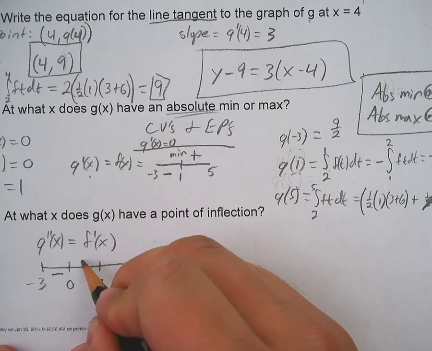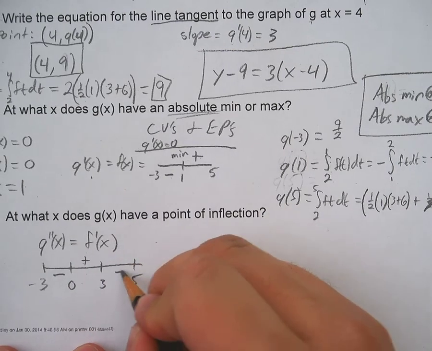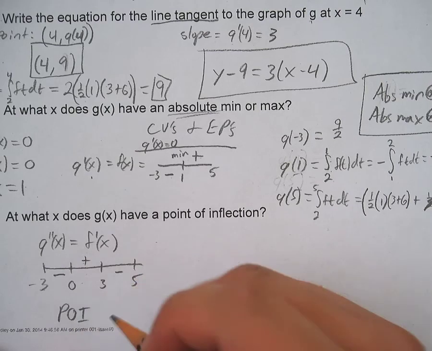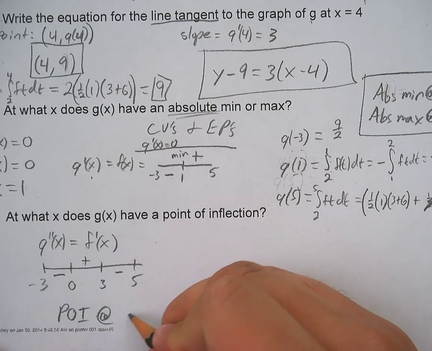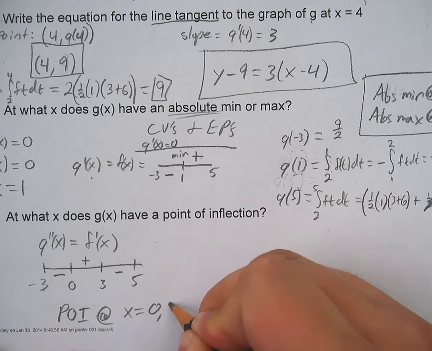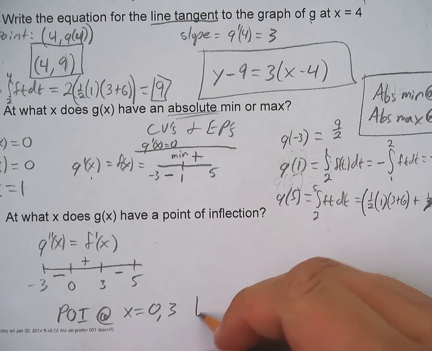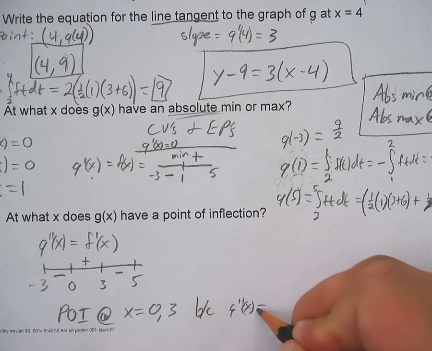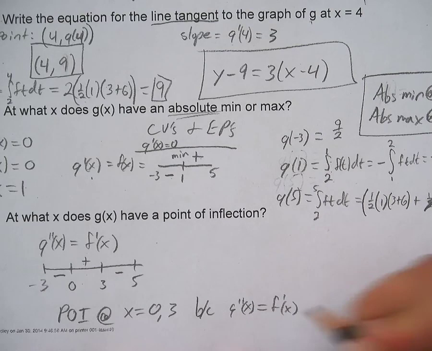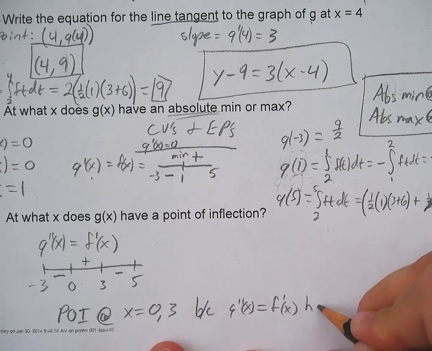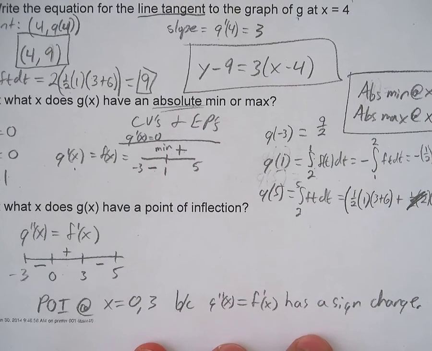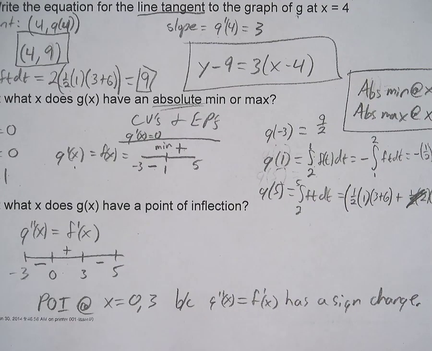It's going to be positive between 0 and 3, and then negative here. So there's going to be a point of inflection at x equals 0 and 3 because g double prime of x equals f prime of x has a sign change. Boom! I just lost my pencil.